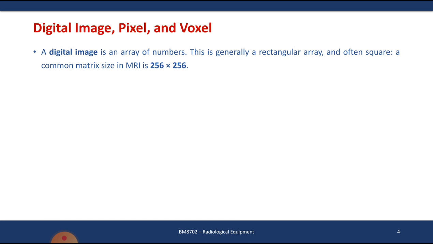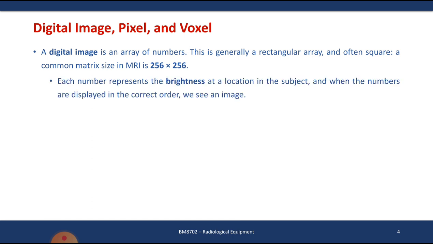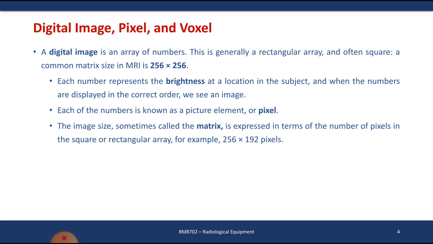In MRI, the size of a matrix is generally 256 cross 256. That is what the size is, and each number represents the brightness or the pixel value at the particular location. So each element of your image is called a pixel, and then the image size is called a matrix, which has a row and a column.